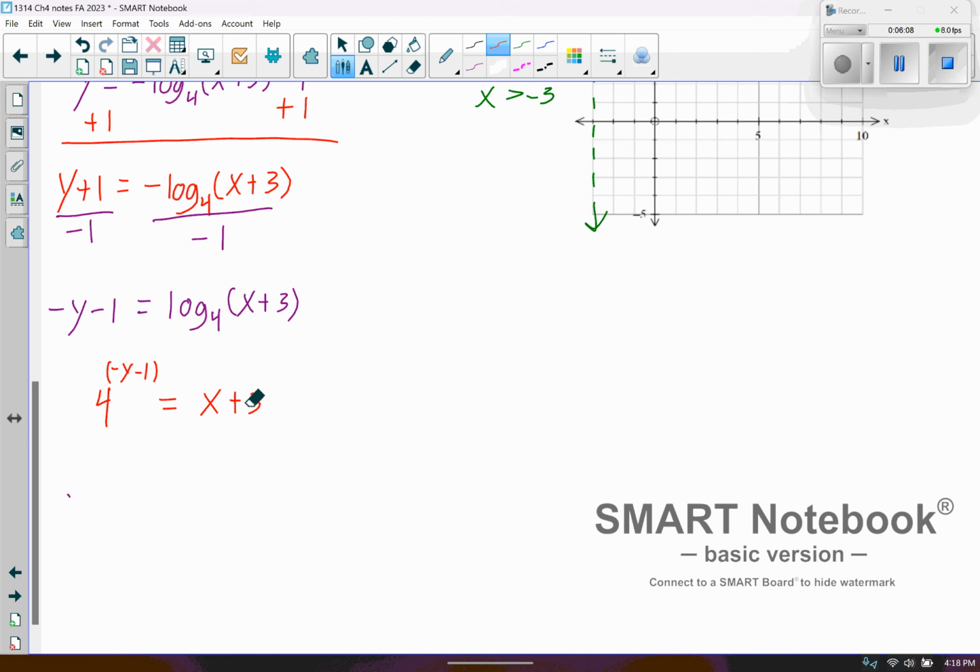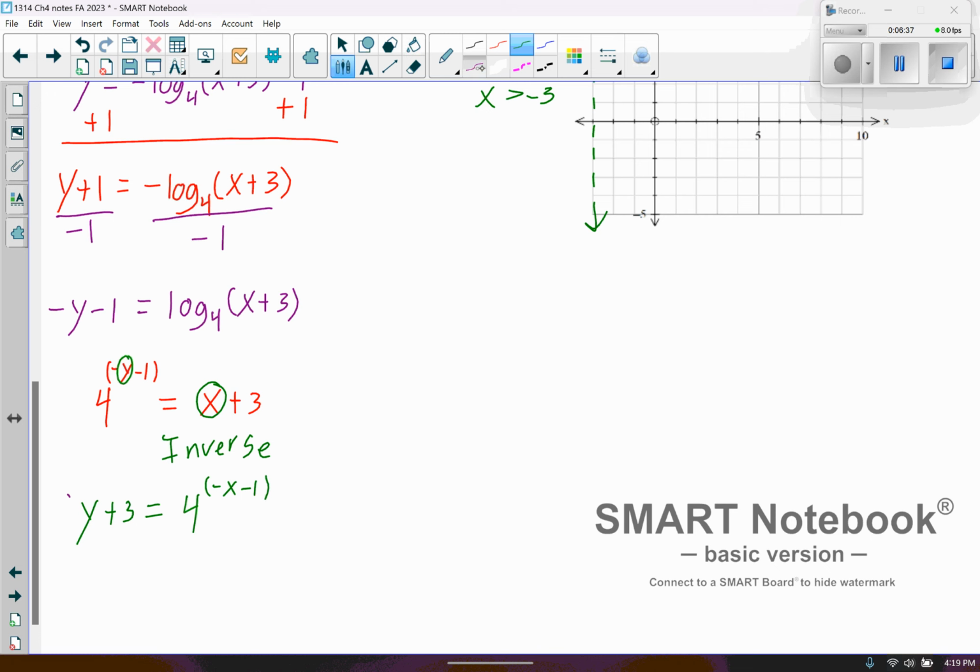Now this is still my original function, I just manipulated it to where I can swap the x and the y value, interchange them, and that will create my inverse. So now I'm going to flip the sides here. I'm going to have y plus 3 equals 4 to the power of -x minus 1.